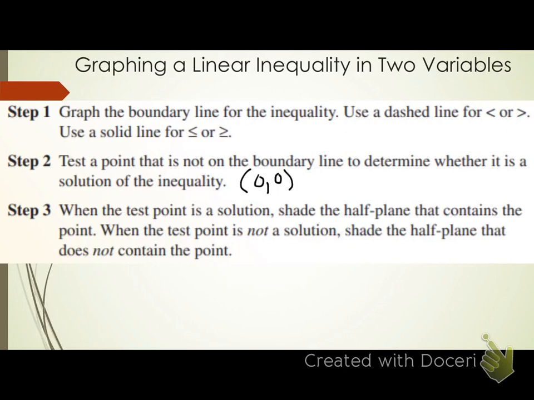Can I move on, or are we still writing? Okay, I'll give you some more time. Like I said, make it easy on yourself and pick an ordered pair that's really easy to plug in. If 0, 0 is not on the line, it's probably one of the easiest things to plug in.